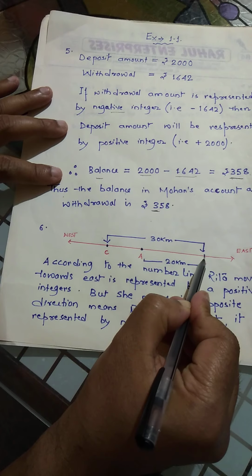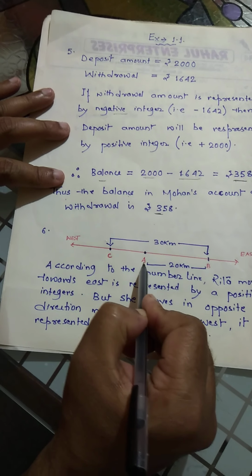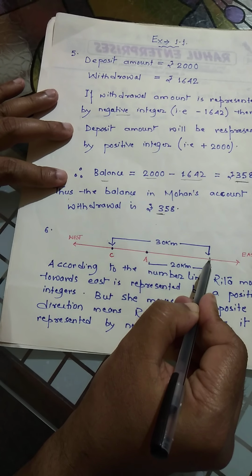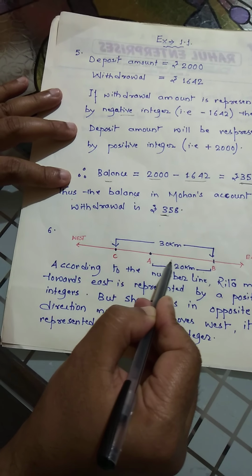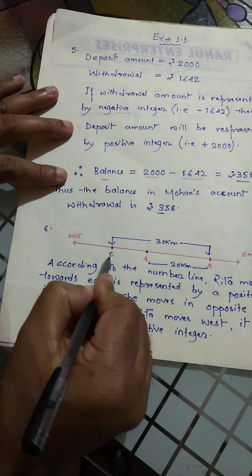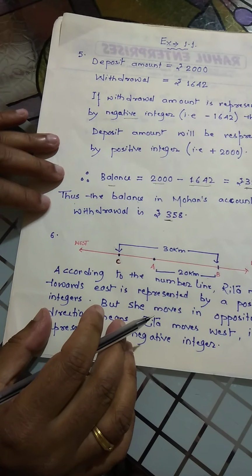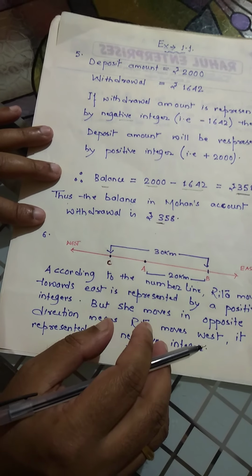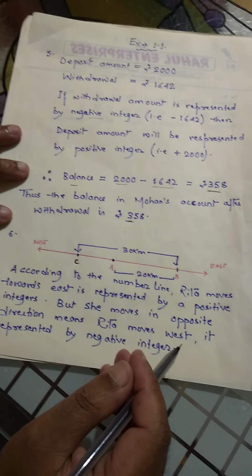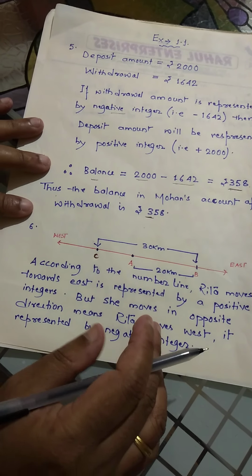So Rita was here. She walked from A to B 20 kilometer. Then from B she took a U-turn and she moved towards west side and travelled 30 kilometer and reached point C. Now, what is the question saying? If the distance towards east is represented by positive integers, are you getting me, students?